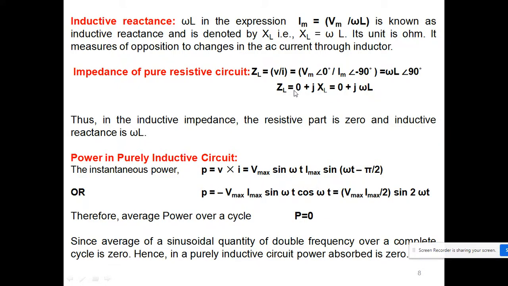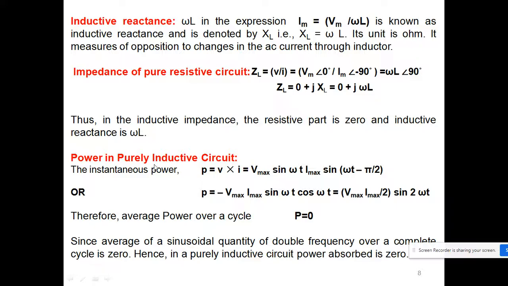And we can write it this way. It means we don't have a real part here, we have only the imaginary part, and the imaginary part is related to the inductive reactance omega L. So you can see in the inductive impedance, the resistive part is 0 and the inductive reactance is omega L.